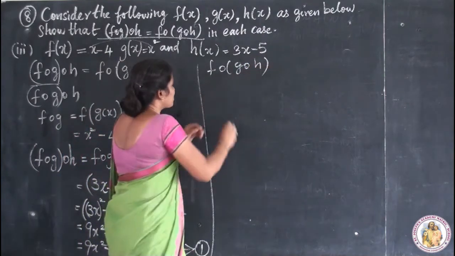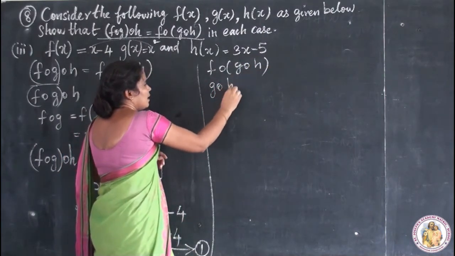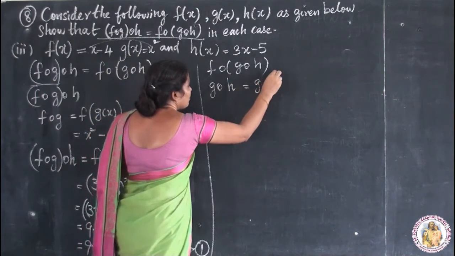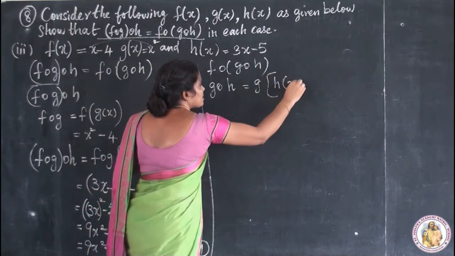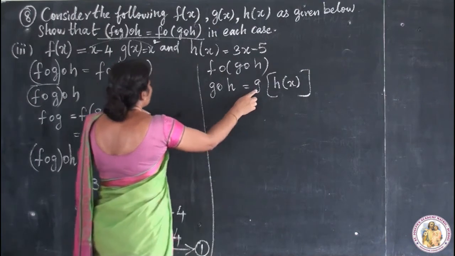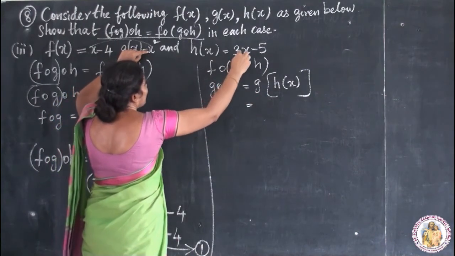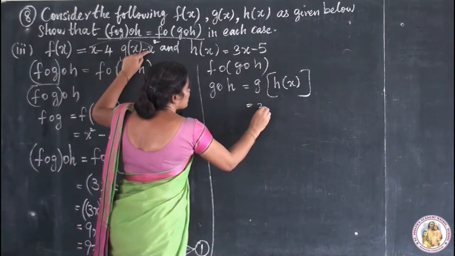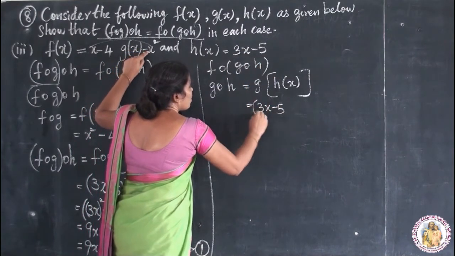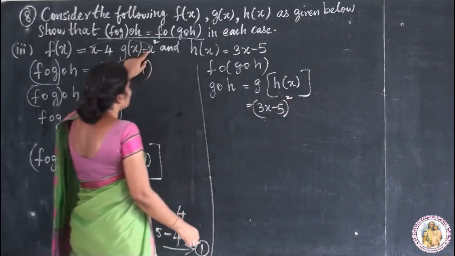Find the bracket first of all. G of h, that is g of h of x. What is g? G is x square. In the place of x, you have to write 3x minus 5 whole square.